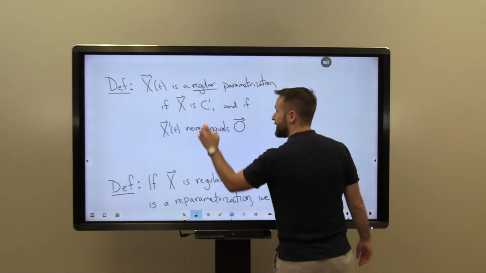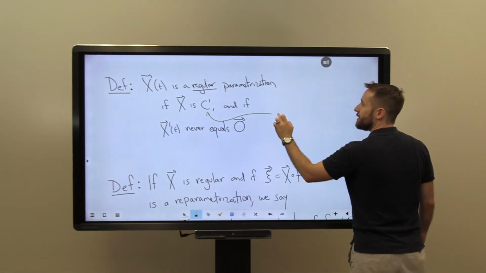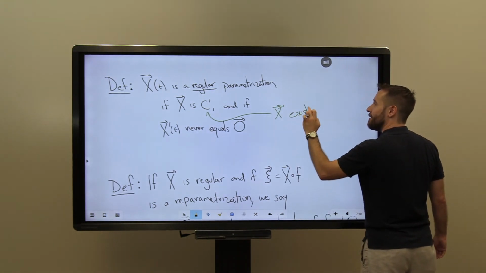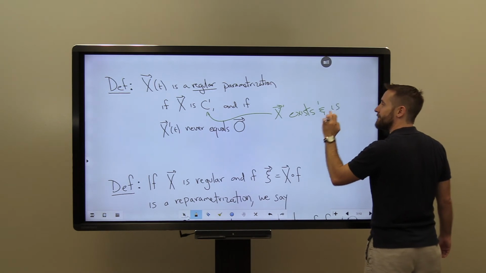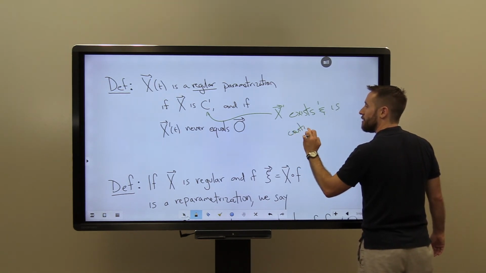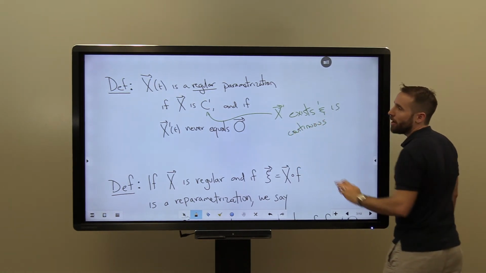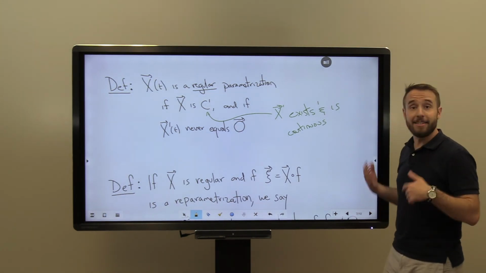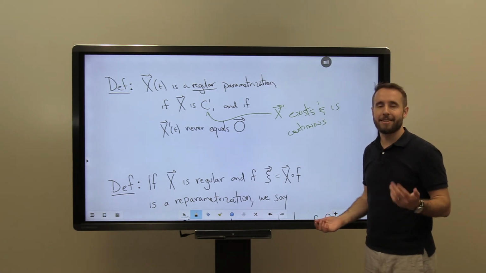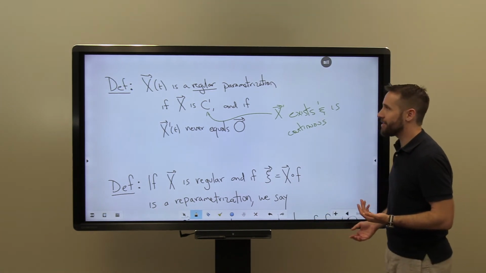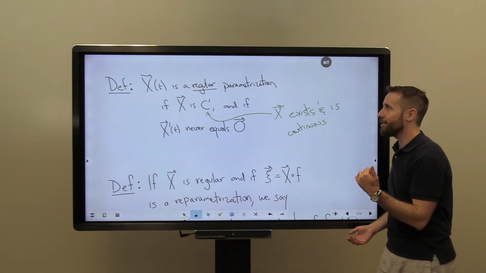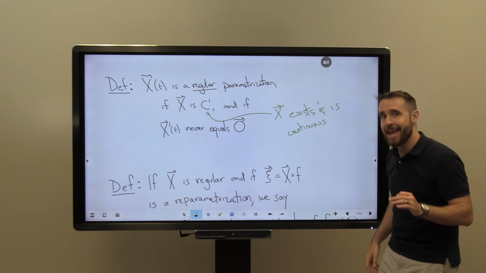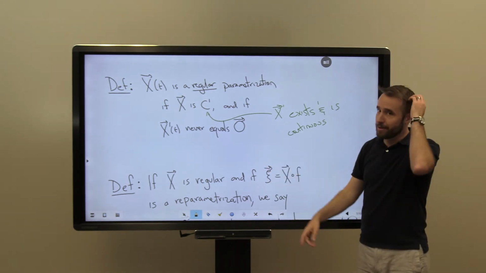As a reminder, C1 means that x prime, the first derivative, exists and is continuous. C2 means that the second derivative exists and is continuous, and so on. So our parameterization is regular if the first derivative exists and is continuous, and if the first derivative never equals 0.